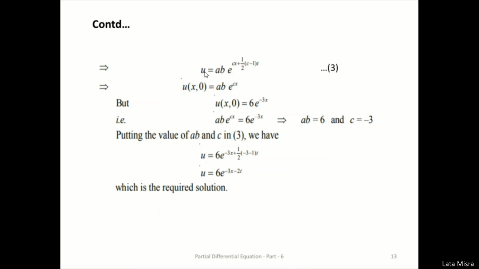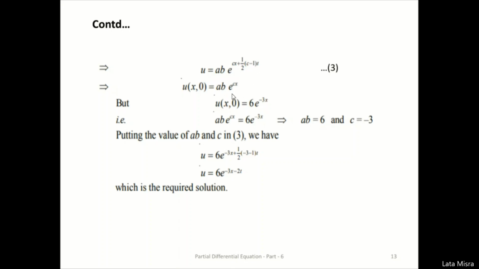Here we have u equals ab e raised to cx plus 1/(2c minus 1) t. We just put t equal to 0 in equation number 3. We get u(x,0) equals ab e raised to cx when t equals 0.